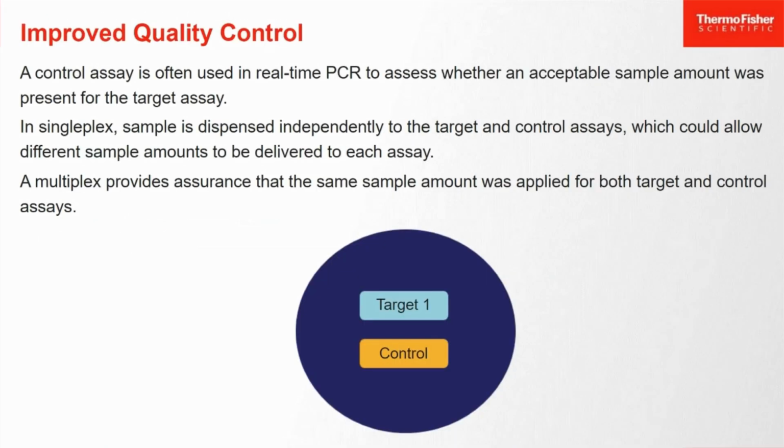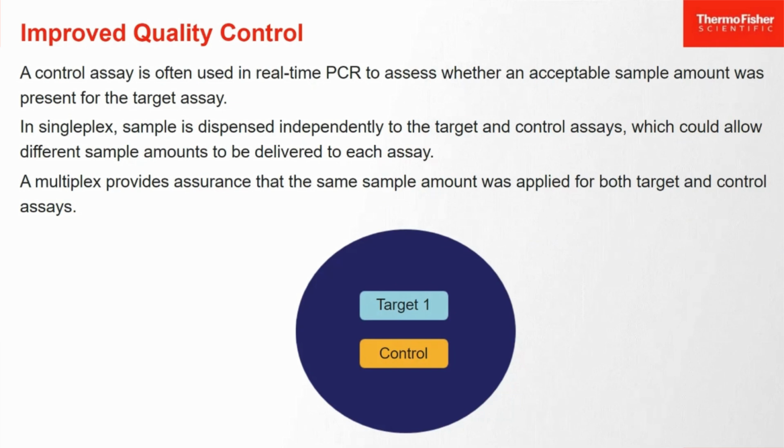First, we have improved quality control. A control assay of some sort is used to assess whether an acceptable amount of sample was present for the target assay. If you imagine doing a singleplex assay, it's always possible that the amount of sample delivered to the target well could be different from that to the control well.